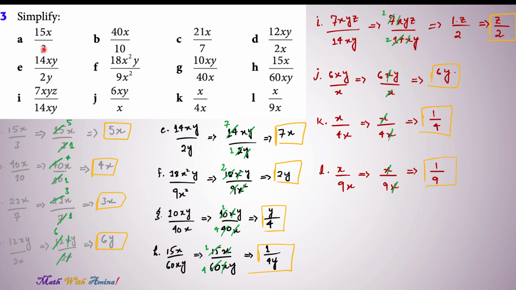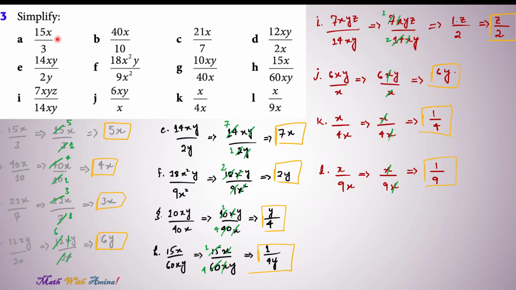Can we divide the top number and the bottom number by the same value? That is finding the highest common factor, or HCF. If we can, we will do that and they will get cancelled. The second is, if the same letter or the same variable on top and bottom appears, we cancel them and we write the simplified variable.